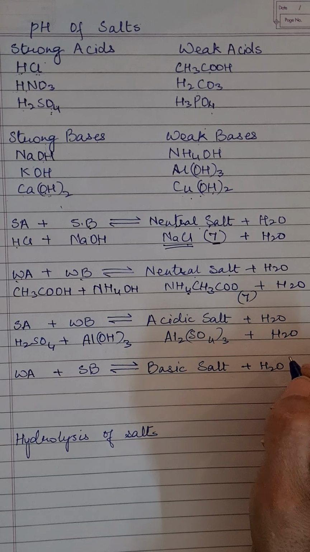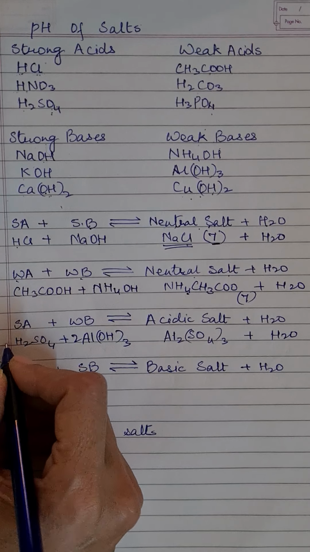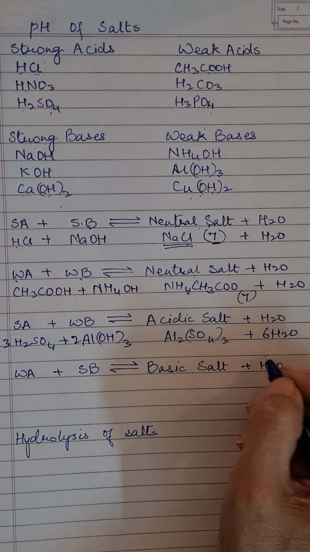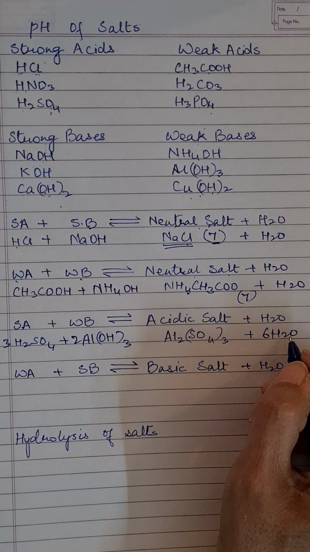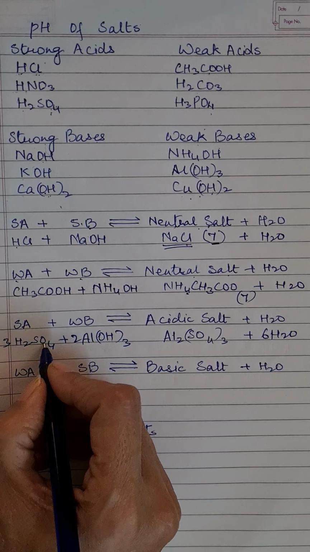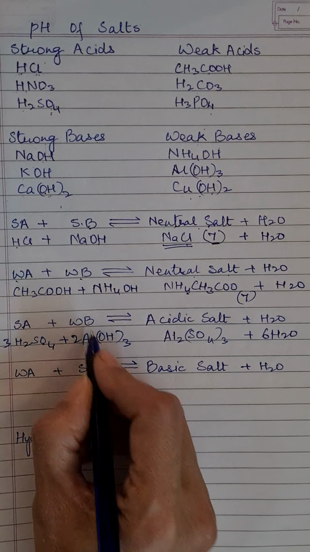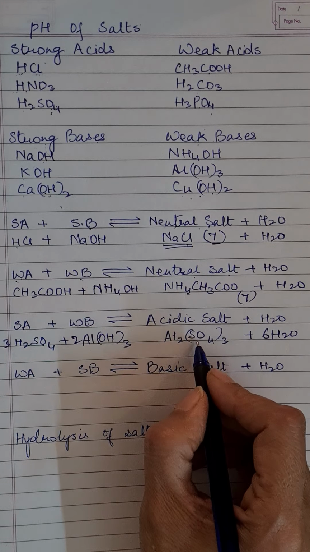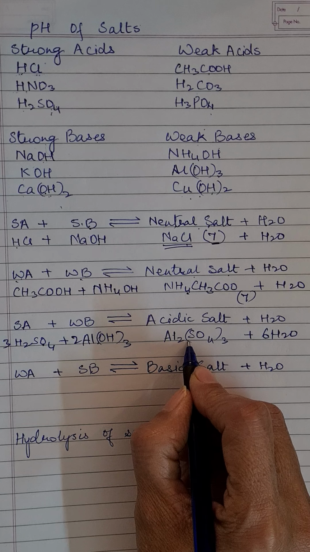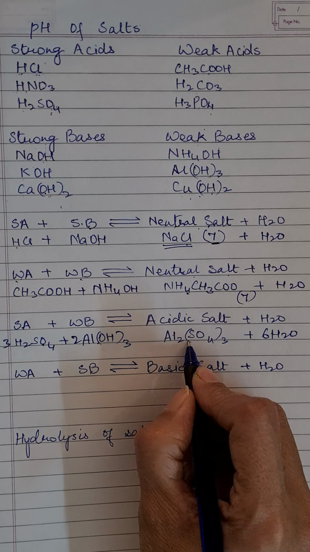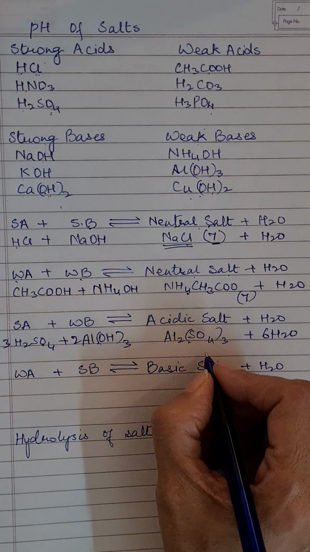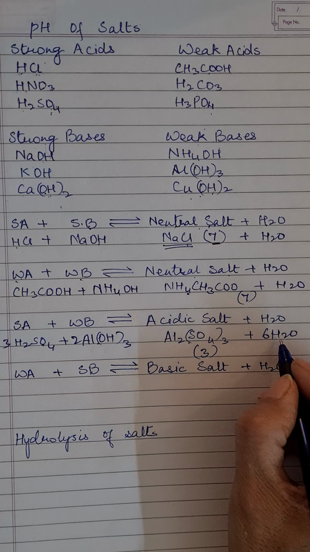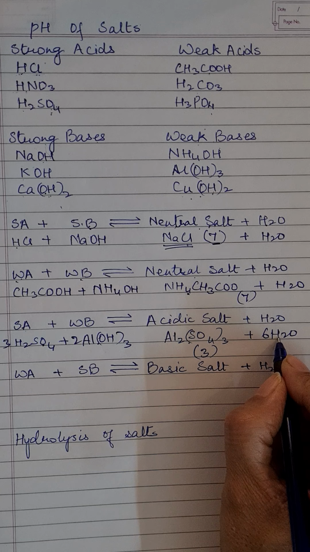Let's first balance this. Okay, now we have a balanced chemical reaction taking place. A strong acid such as sulfuric acid combining with a weak base such as aluminium hydroxide gives rise to an acidic salt, and the pH of this salt is 3, and of course water molecules.